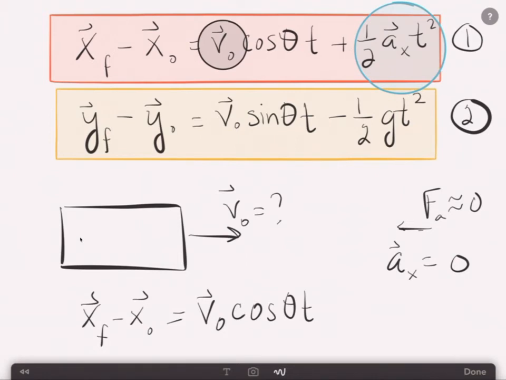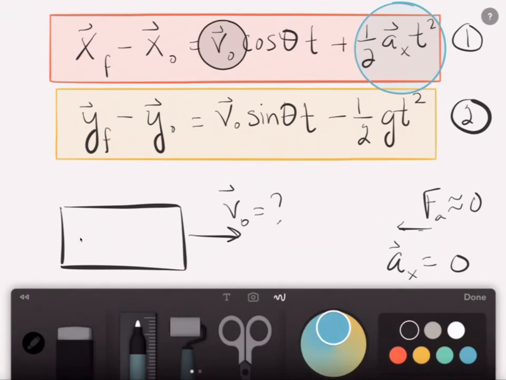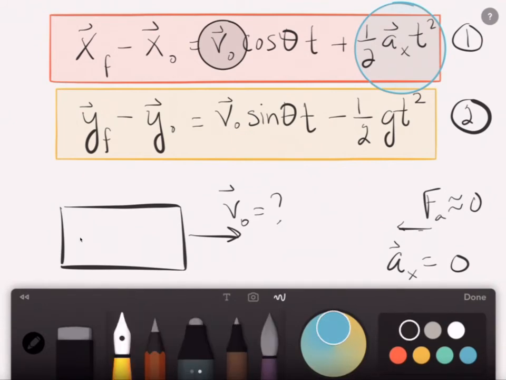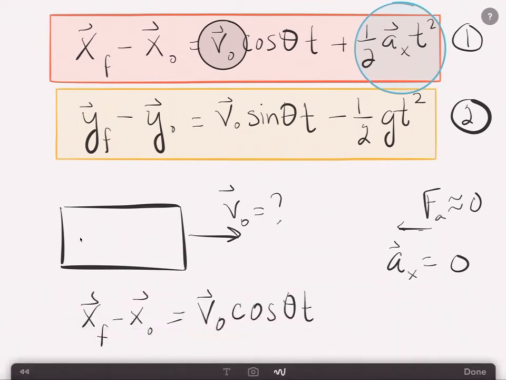So from this, let's just continue right on so we can know where we're going. The launch angle happens to be 0 degrees. Since the launch angle is 0 degrees, therefore, we know that cosine of 0 degrees is just 1.